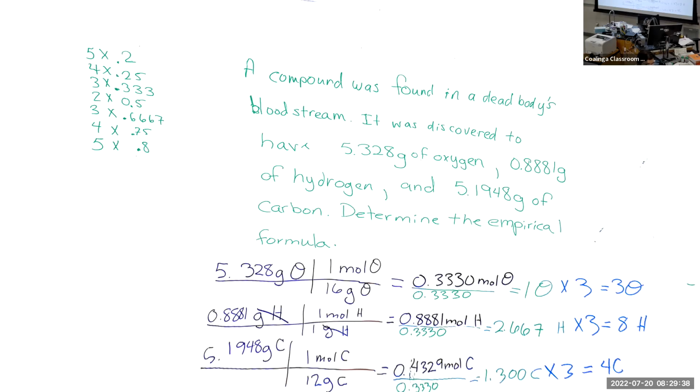Okay, so then my empirical formula is, so we always use carbon first. That's the lowest electronegativity. So 4, oh, sorry, hydrogen, oxygen always goes last.